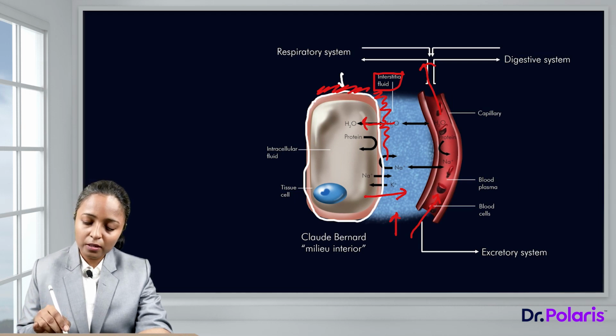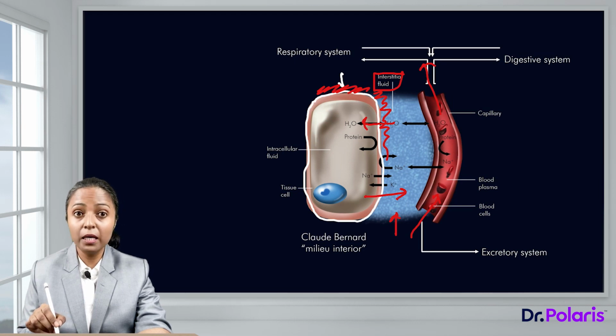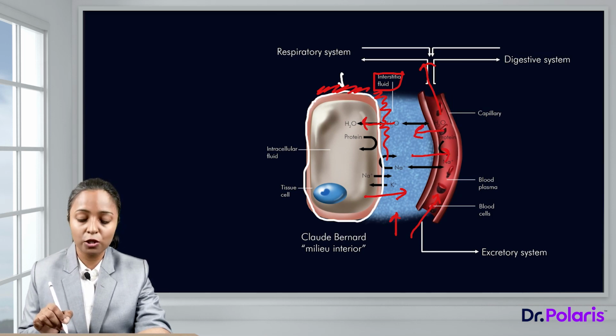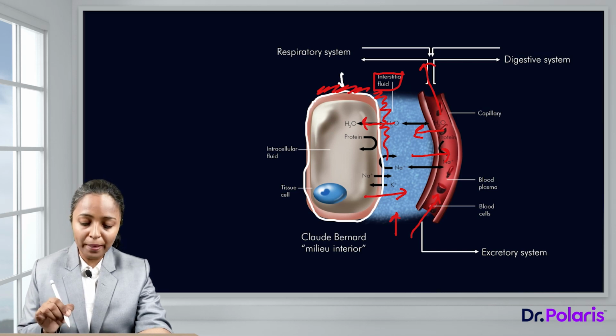Now, this blood vessel basically acts as a bigger environment, right? Because it takes up the metabolic waste products from here and releases the nutrients and other requirements into this interstitial fluid.